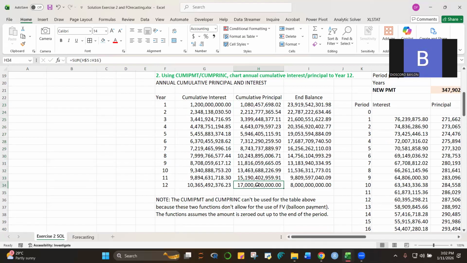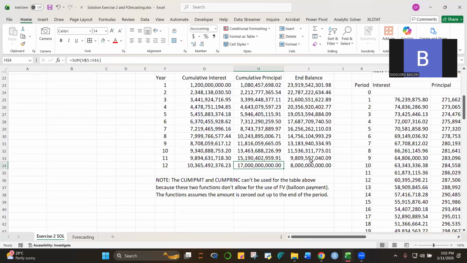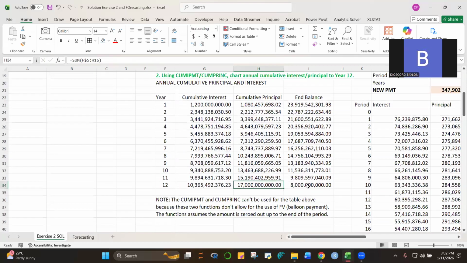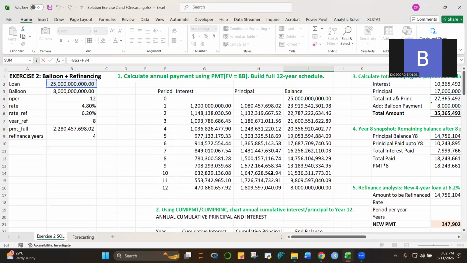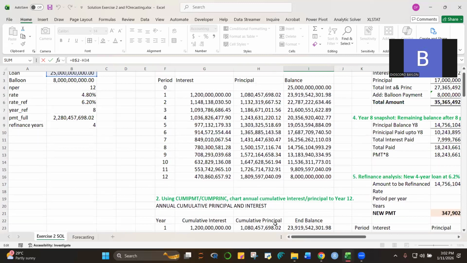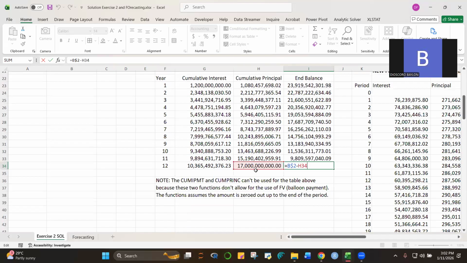At the end, we have sum of H5 to H16. And the balance, same thing, is the previous minus the principal payment. B2, which is your 25 billion minus the cumulative principal payment.